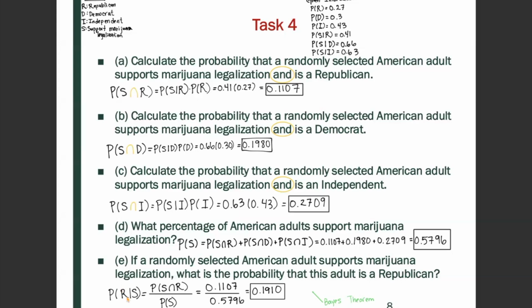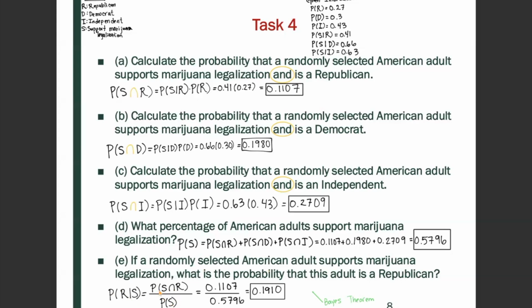Given that they support marijuana legalization, what is the probability they're Republican? So that equals, using Bayes' theorem, the probability of S intersect R divided by the probability of S.